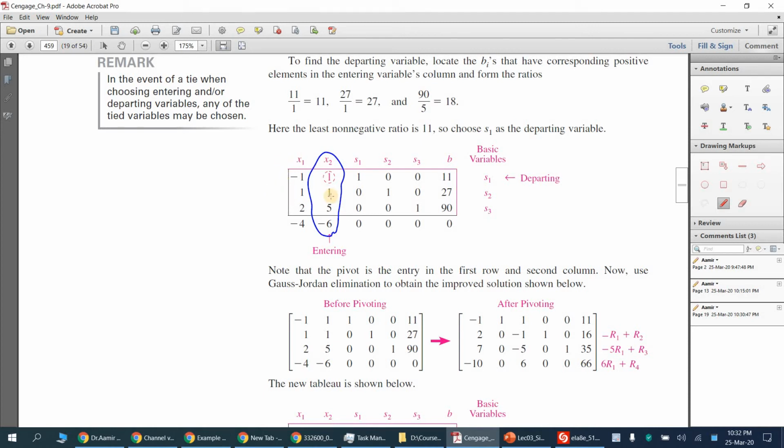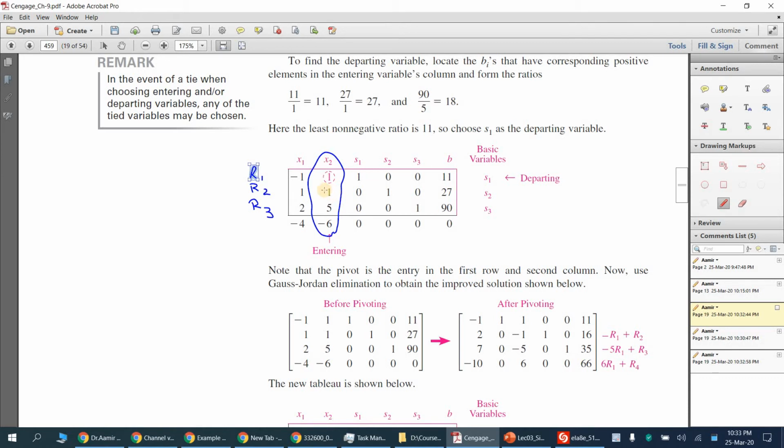So for example, if I want to make this thing 0, these rows are represented by R1, R2, and R3.